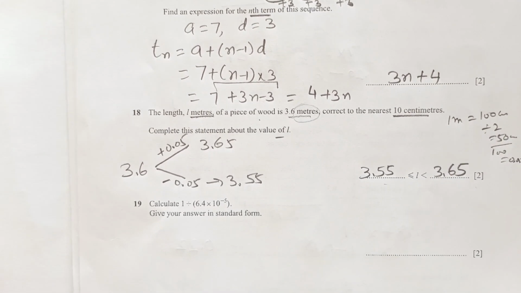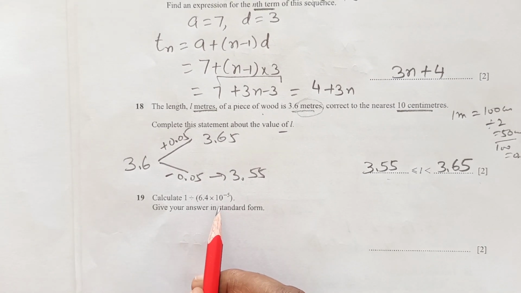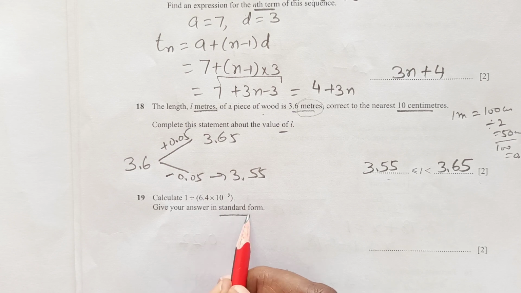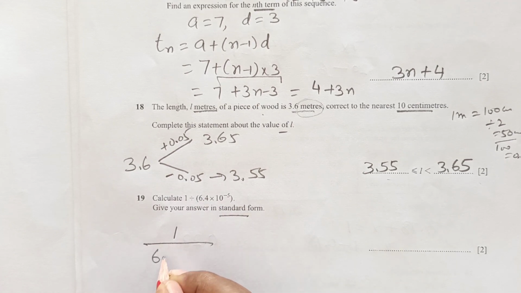Right? Now number 19, calculate 1 divided by 6.4 times 10 raised to the power minus 5. Give your answer in standard form. So 1 over 6.4 times 10 power minus 5.